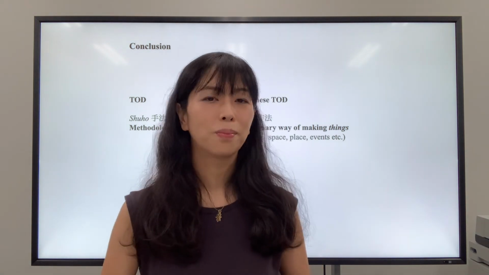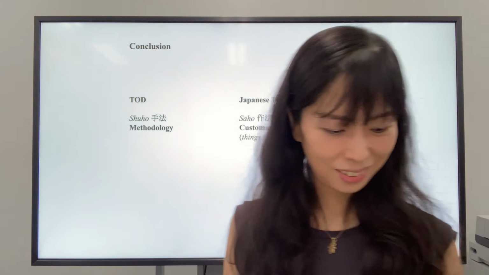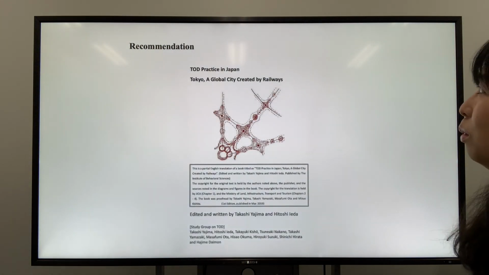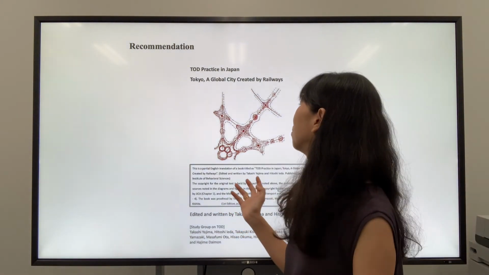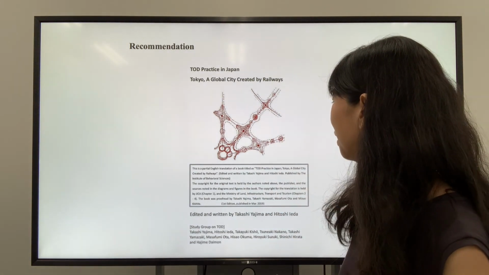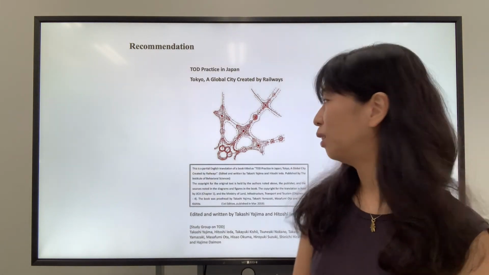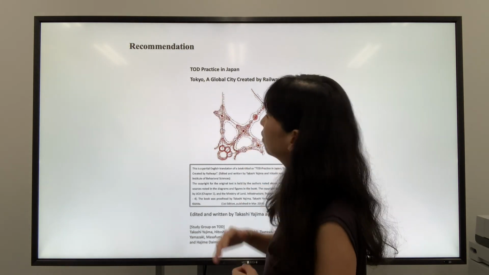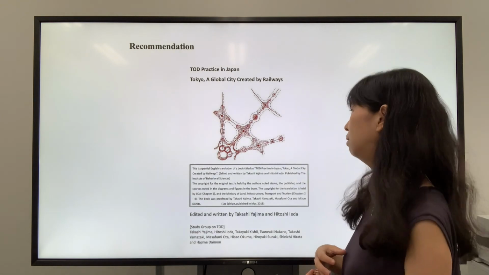Okay. And lastly, I would like to recommend a book. This book is written in Japanese, but fortunately there is a publication of the first chapter written in English, called Tokyo TOD Practice in Japan: Tokyo, a global city created by railways.